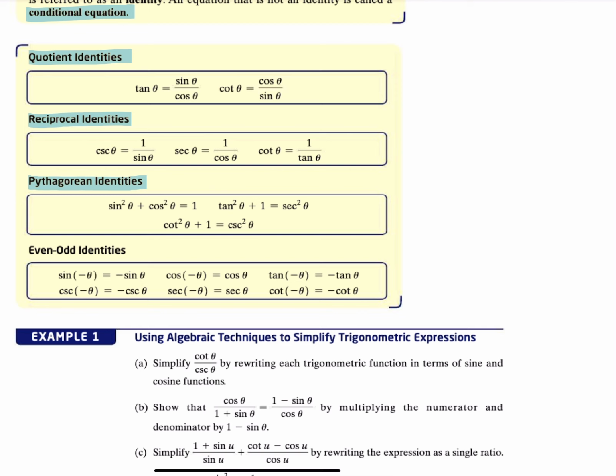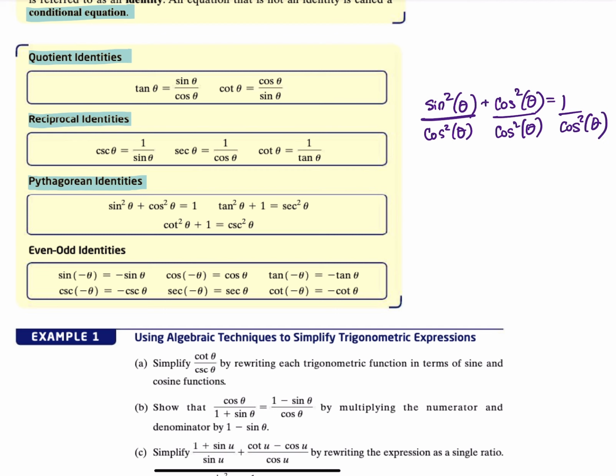We can get those two from the first one. If we're starting with sine squared plus cosine squared equals 1, and I divide every term by cosine squared, including the right side, let's apply some of these other identities.